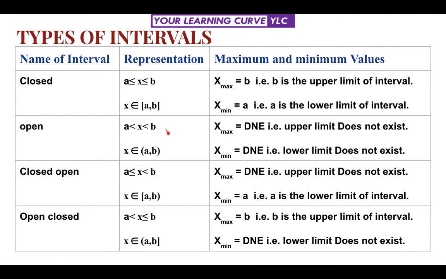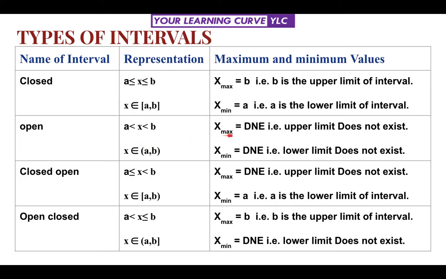Similarly for b, x can be anything less than b. So if we want to write it in interval form, the interval is still the same, a to b, but here the end points are not included, so we will use the open bracket. This bracket means the end points are not included.